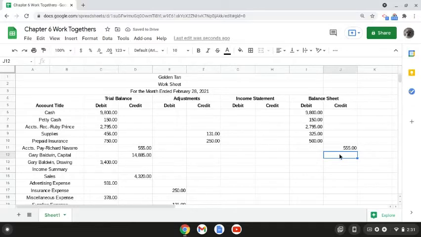Okay, so now we are done with our liabilities, and we're ready to move on to the next account classification, which is owner's equity. So Gary Baldwin Capital was listed in the trial balance credit column as an amount of $14,885. So we are going to transfer this number over to the balance sheet credit column.